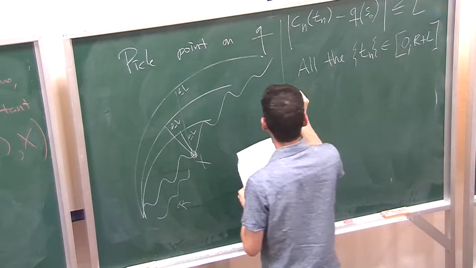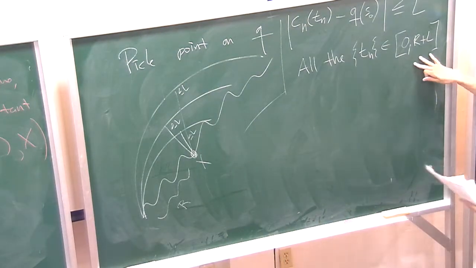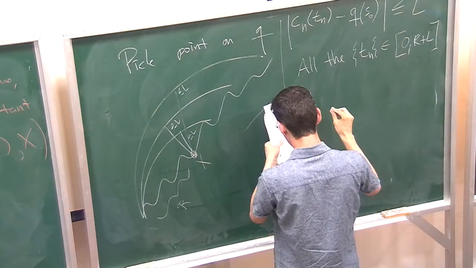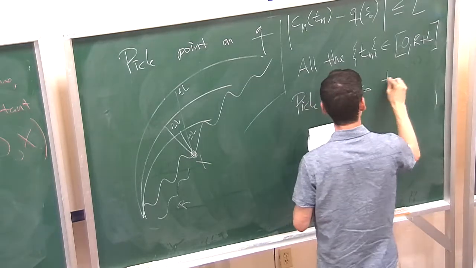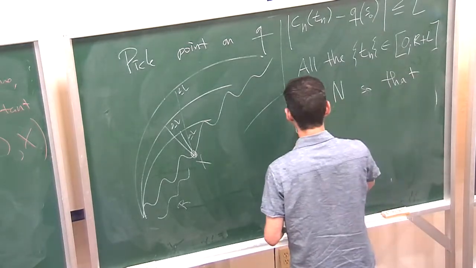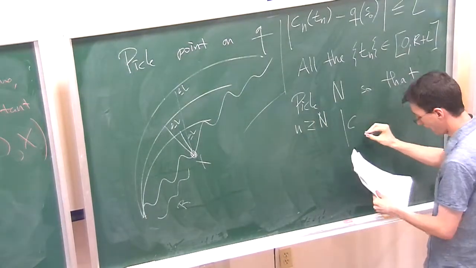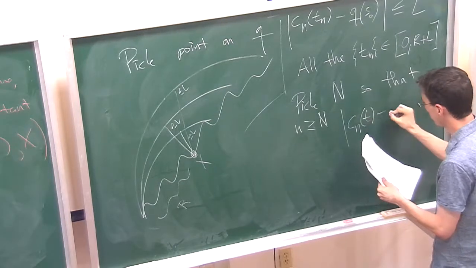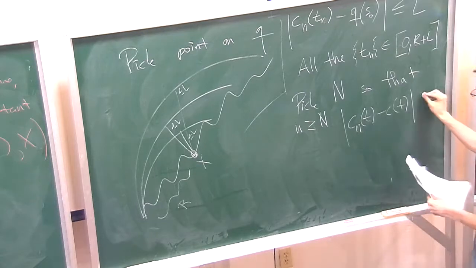So we get really nice convergence on compact sets. So let's pick little n bigger than capital N. I want my stuff to be close, so C_n(t) minus C(t) we're going to say is less than 100.